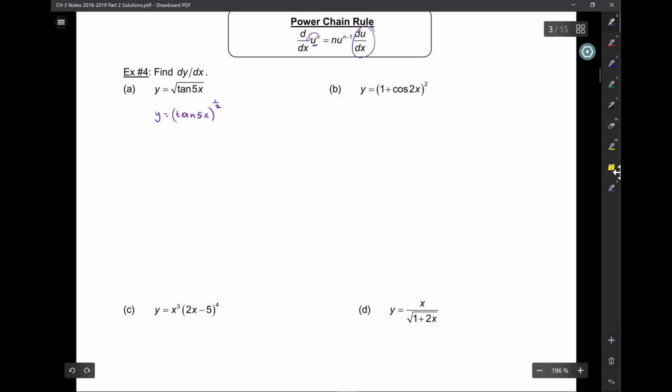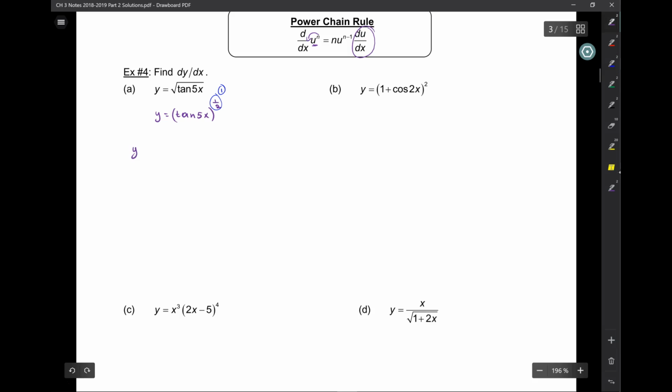Now I'm going to take a derivative. Is there an outer and an inner function here? Yes, there is an outer function, tangent. First it's the 1/2, so that comes down.